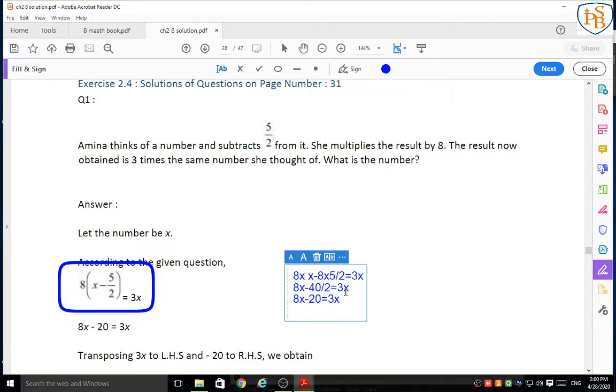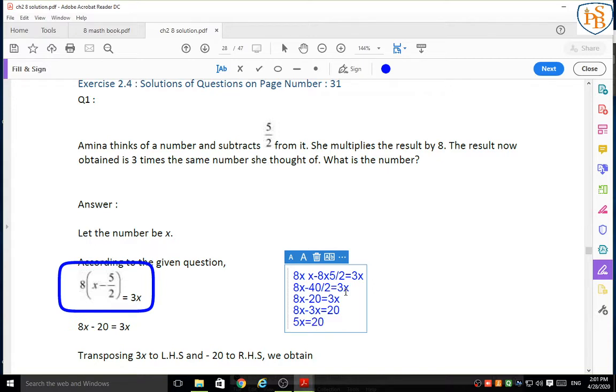So by transposing this 3x to the left hand side and negative 20 to the right hand side, I get 8x minus 3x is equal to negative 20 becomes 20. So 8x minus 3x, it is 5x, is equal to 20.